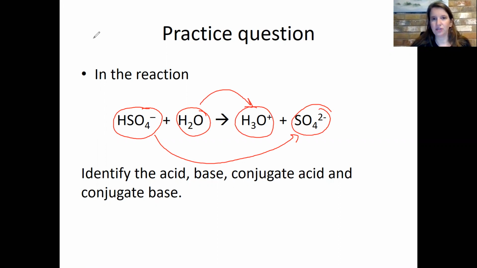The thing that lost the hydrogen is the acid. So the HSO4 negative lost the hydrogen because it was HSO4 negative, and it became SO4 negative 2. So that means this is the base because it went from H2O to H3O plus. The thing that goes with the base is the conjugate acid. The thing that goes with the acid is the conjugate base.